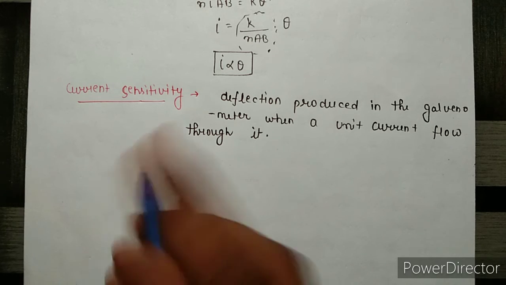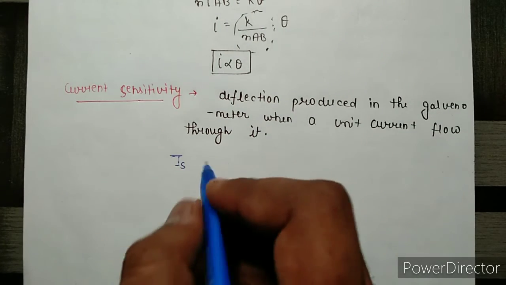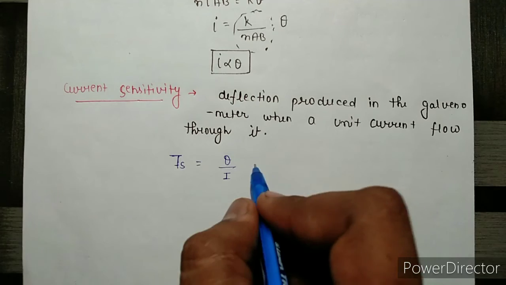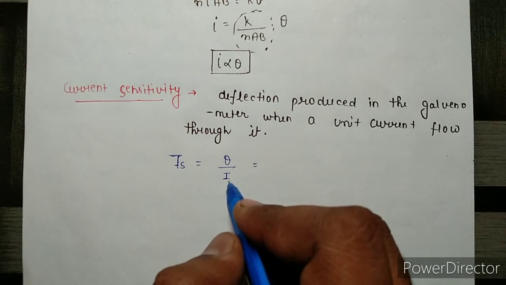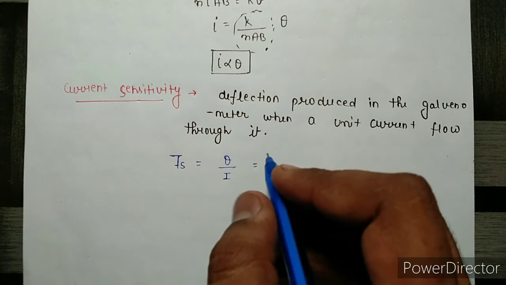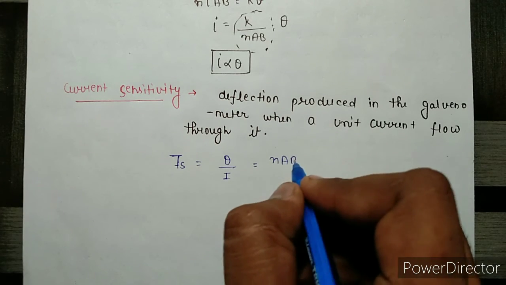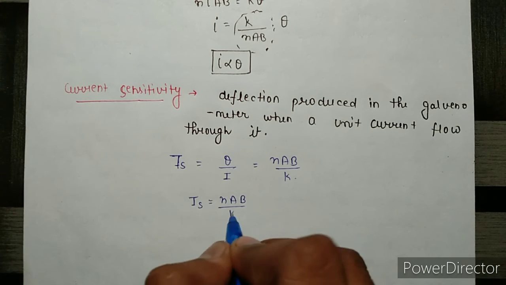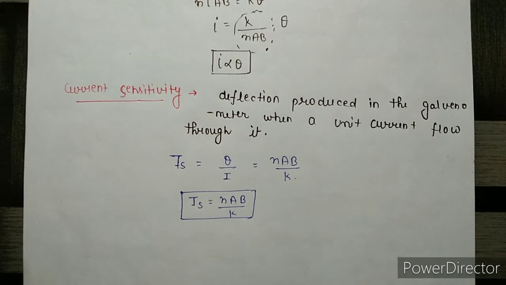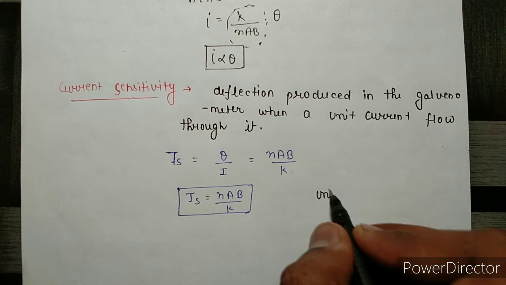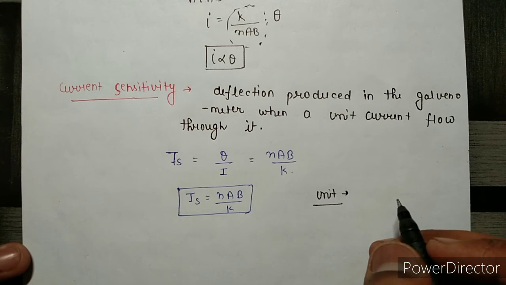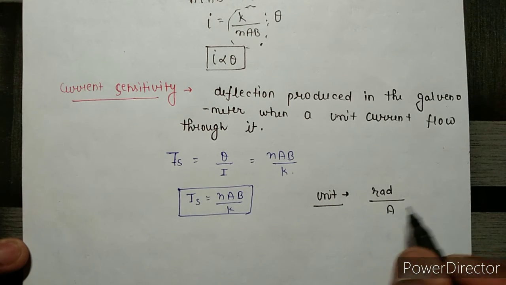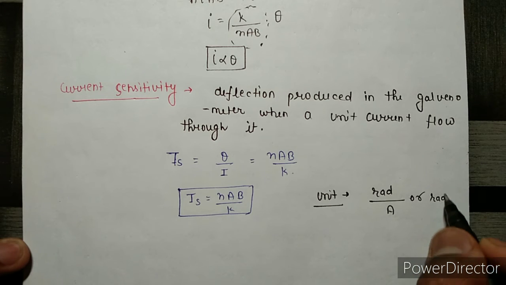Means the current sensitivity Is is defined as the rotation per unit current, theta upon I. So when we put the value of current in this formula, we can write this as NAB upon K. So current sensitivity is NAB upon K, and the unit of this current sensitivity is radian per ampere, or radian ampere inverse.